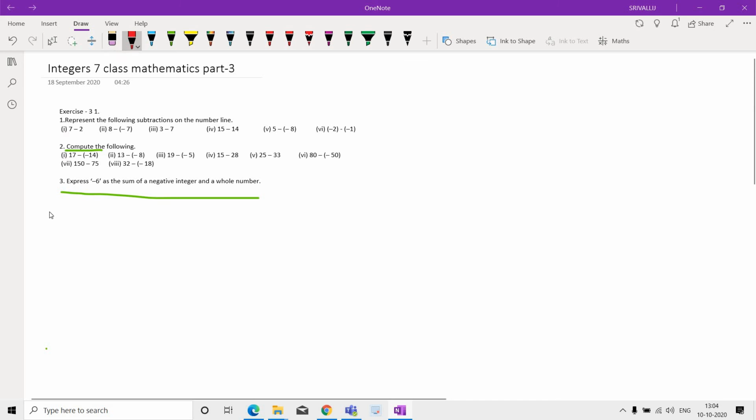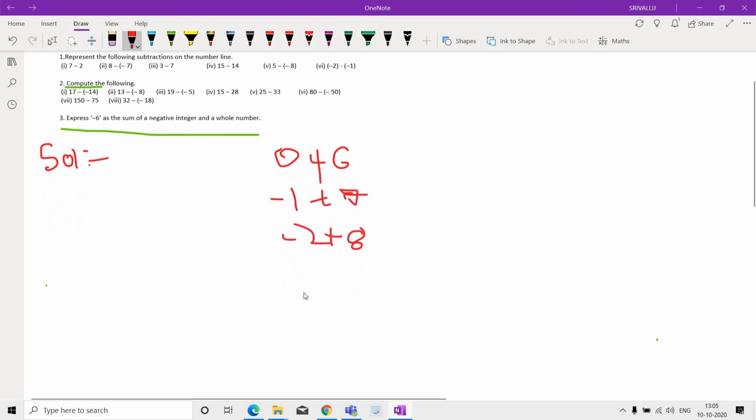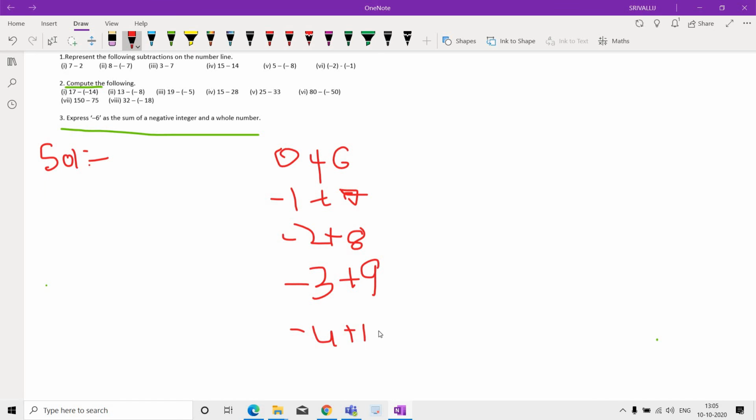Solution. Zero plus 6, minus 1 plus 7, minus 2 plus 8, minus 3 plus 9, minus 4 plus 10, minus 5 plus 11, minus 6 plus 12, minus 7 plus 13.